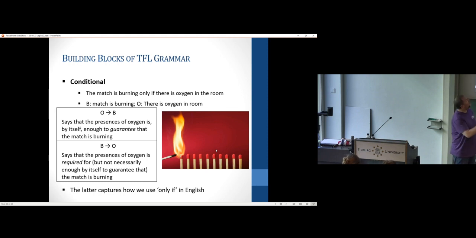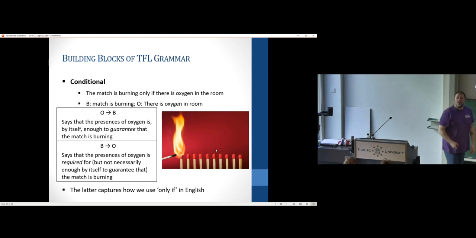This sentence is saying, whenever the match is burning, then there must have been some oxygen there. That is, the presence of oxygen is required for the match to burn. If the match burns, then there's oxygen.